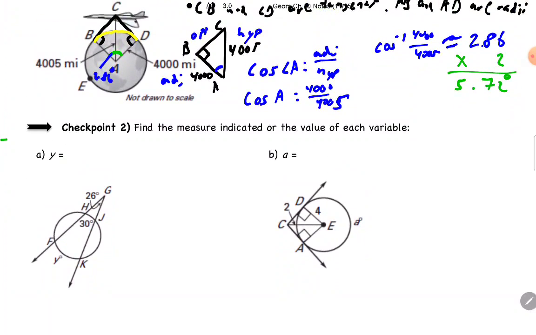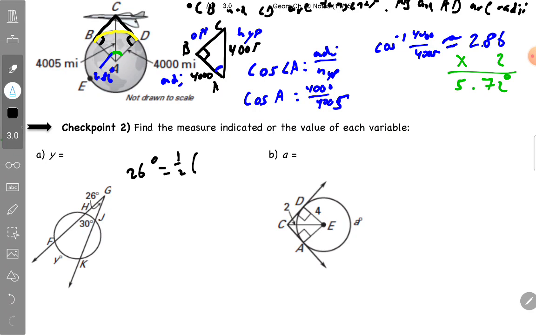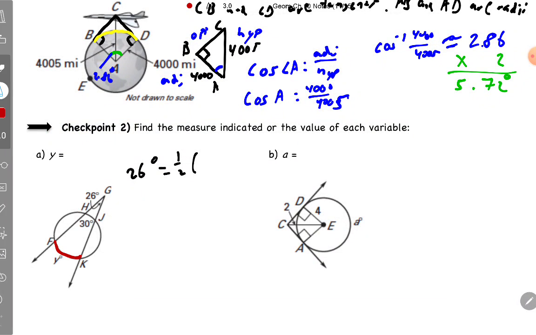Checkpoint 2, find the measure indicated or the value of each variable. Okay, part A. So that 26 degrees is equal to 1/2 of red minus blue.